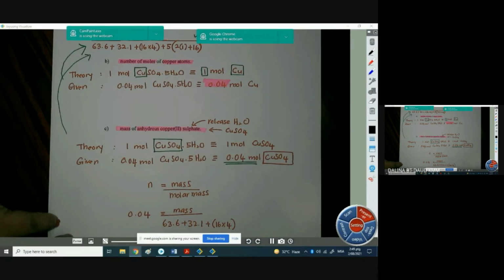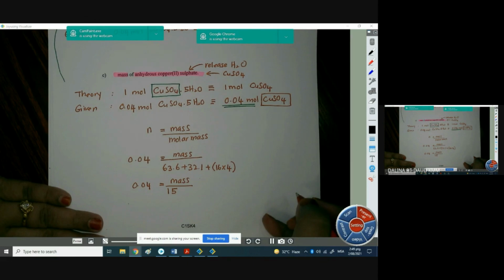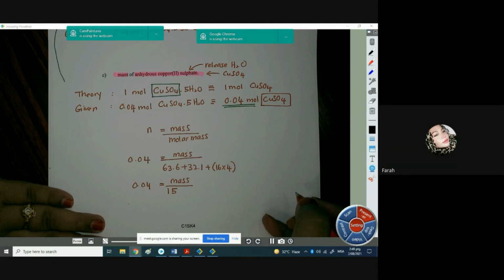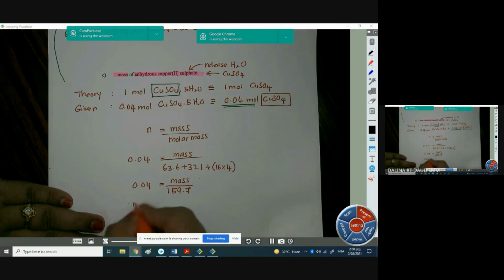Mass equal to 159.7. Okay, so the mass is equal to 6.388 gram.